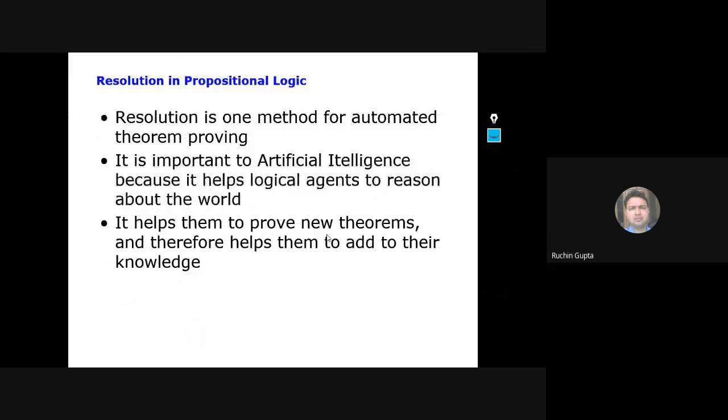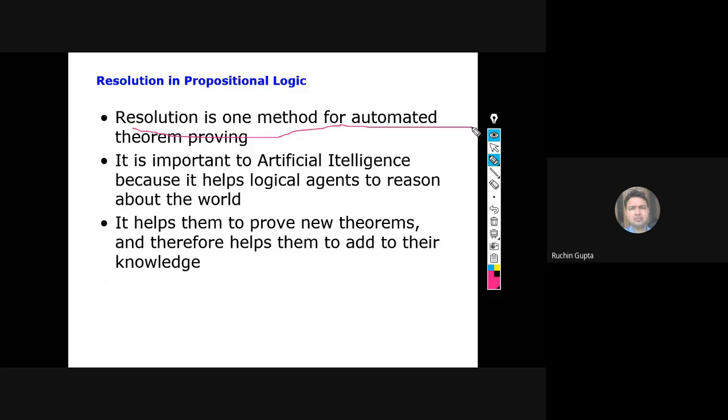Okay, so we will see first what is this method of resolution, which is an inferencing method in propositional logic. The important thing about the resolution is that it is a method that can be automated by the computer system. So it is basically an automated theorem proving method, right?